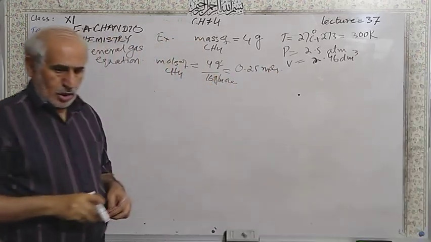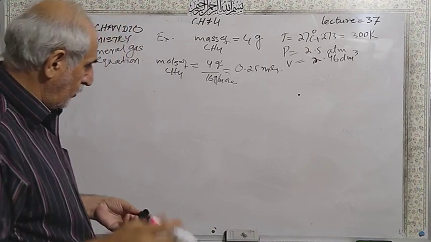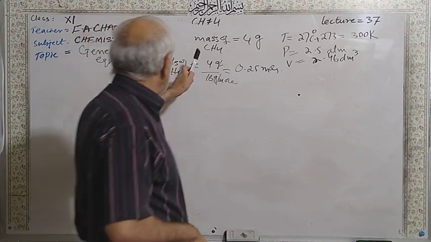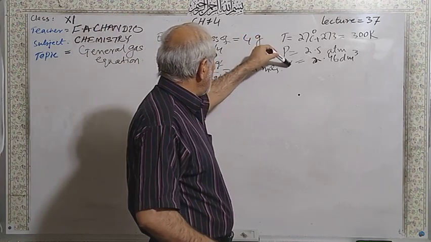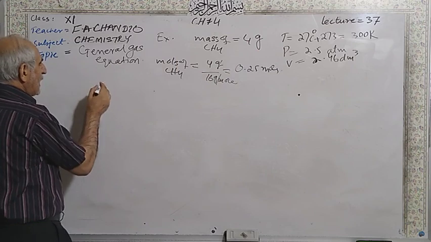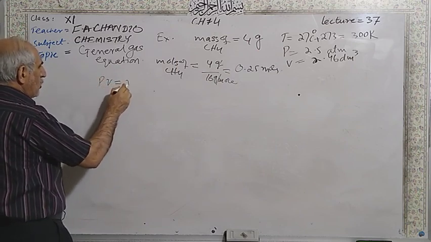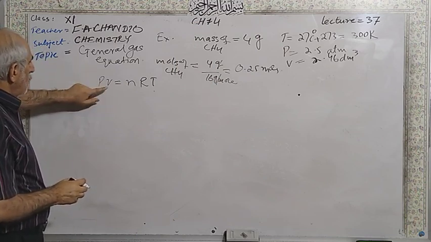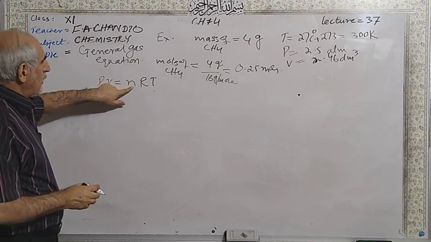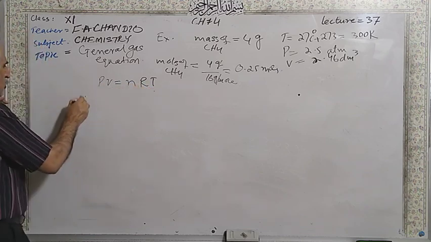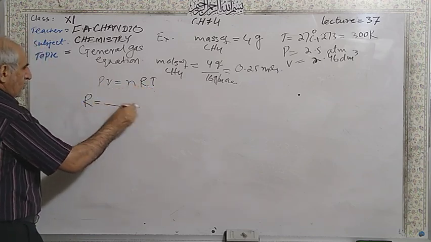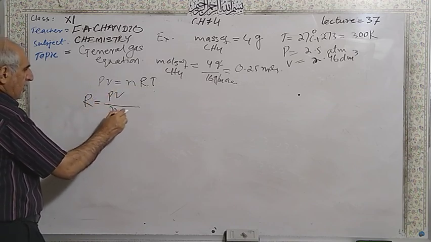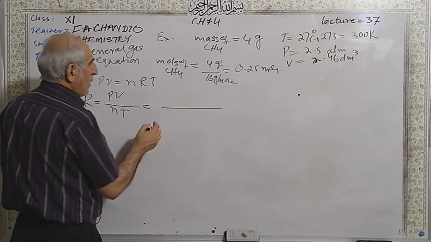Now, dear students, moles are given, temperature given, pressure given, volume given. So by using the general gas equation, PV is equal to nRT, where pressure, volume, number of moles and temperature are given, you have to calculate the value of R. R is PV over nT. Put the values.